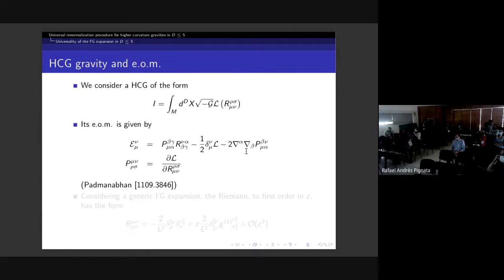So if you want the variation to be equal to 0, you need two things: the boundary condition, and in the bulk the equation of motion equal to 0. This is the generic equation of motion for all these kinds of theories.